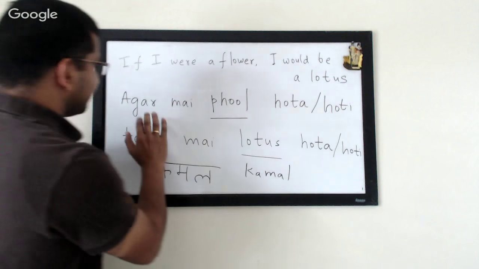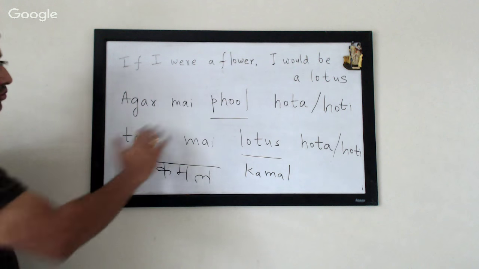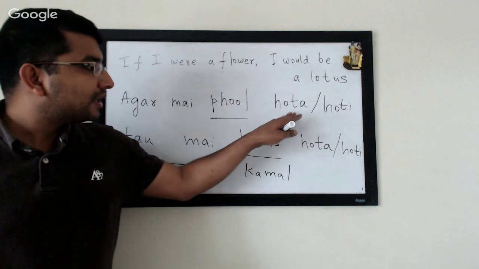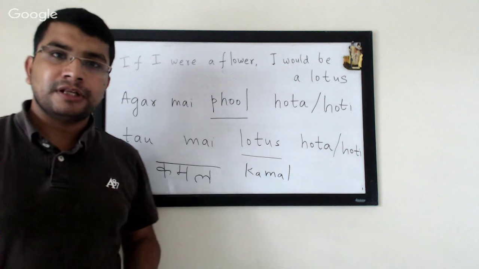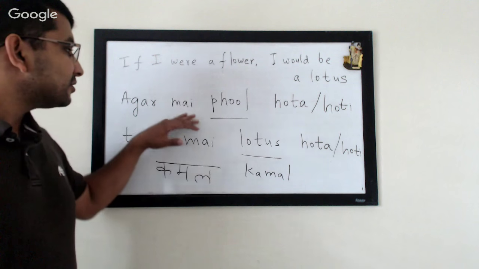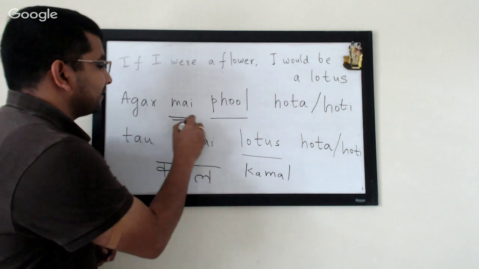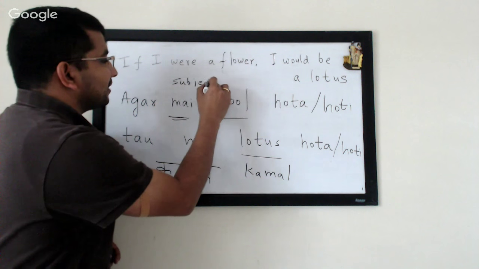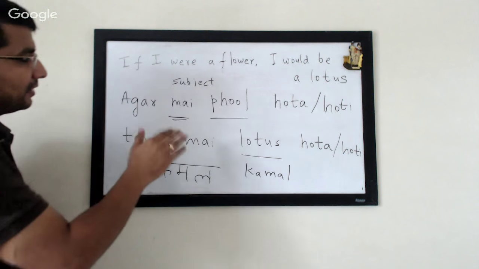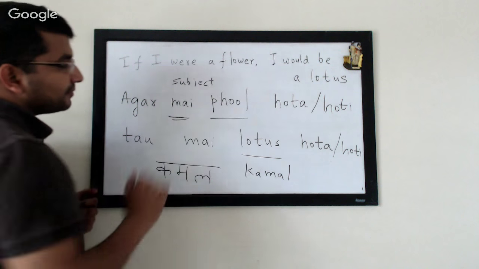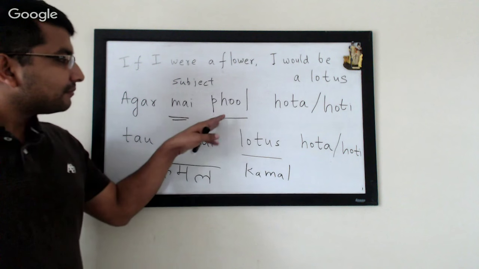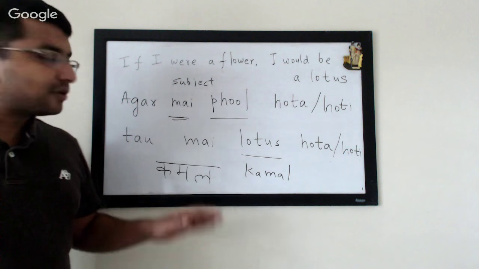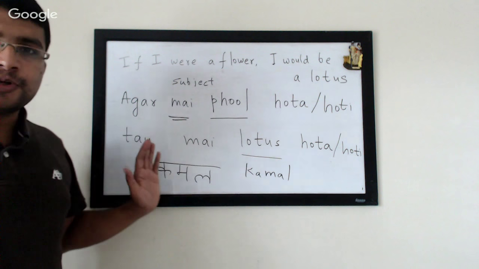Hota and hoti, it's based on actually who you are as a person. If I'm a male, I'll be using hota. If I'm a female, I'll be using hoti. So it's based on the subject. I think it's a pretty good question actually. I didn't clarify it. So it's again based on the subject. There are some scenarios where it might be on object, but let's not worry about that. Right now it's pretty much on the subject.